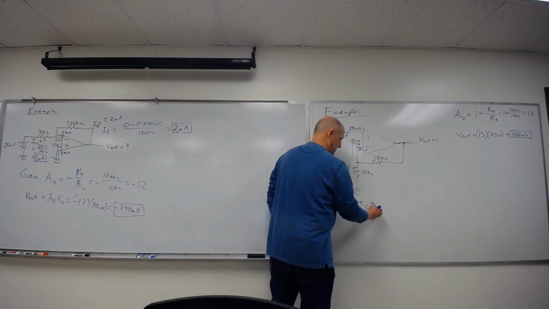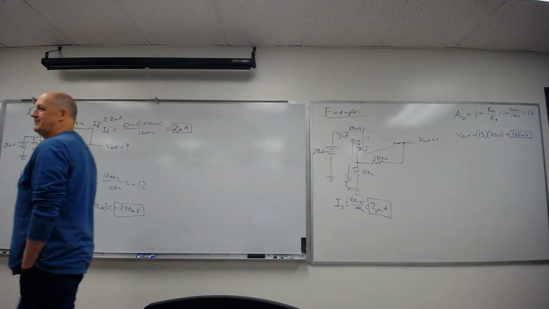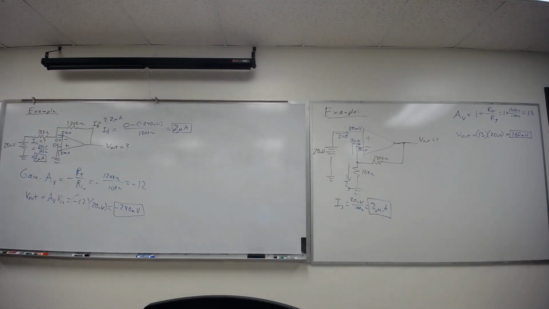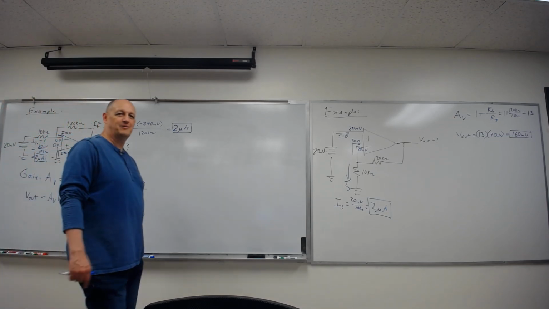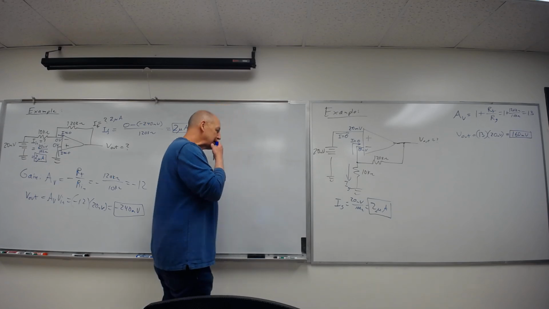You've got to put all your powers in there. I'm assuming you have that down now, but if you need help, let me know. 20 times 10 to the minus 3 divided by 10 times 10 to the 3, and you'd end up with 2 times 10 to the minus 6, which is microamps.